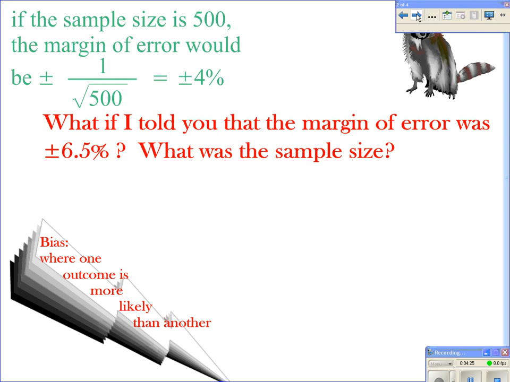So the question in red, once you get that written down, is asking us to work backwards. They give us the margin of error and they want to know what population size we started with. So we have to figure out how to set that up and how to solve it.